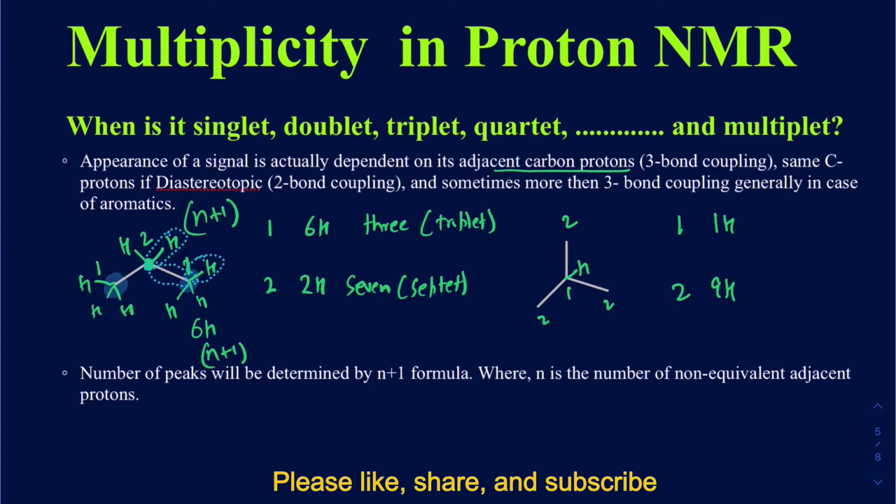So signal 1 is going to have 9 adjacent protons. Since it has 9 adjacent protons, it's going to have 10 peaks. At that point, I would probably just say it's a multiplet, because it's going to be very hard to see 10 peaks in there unless you really, really zoom in.